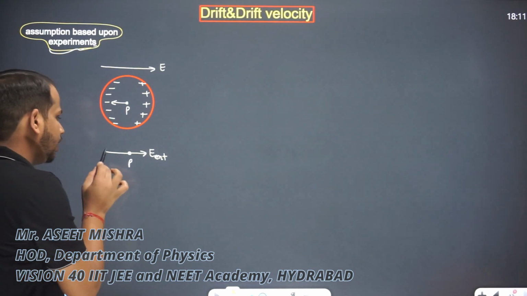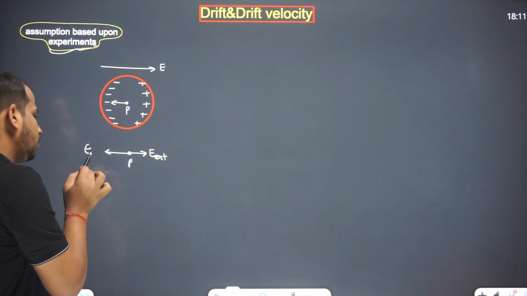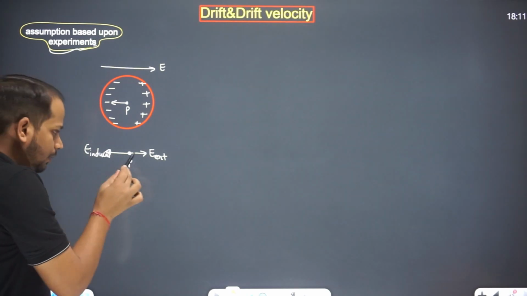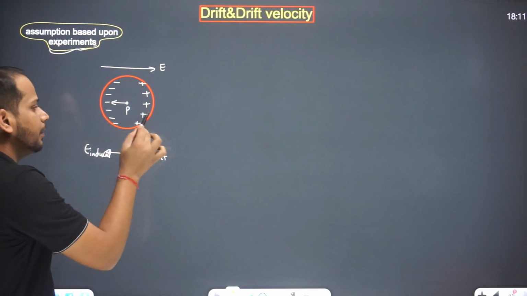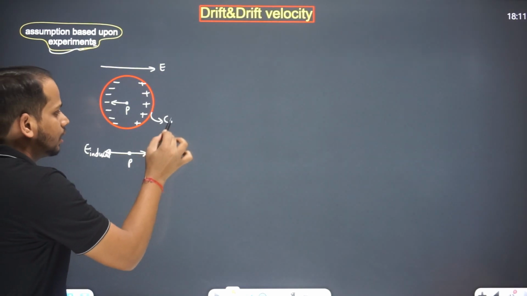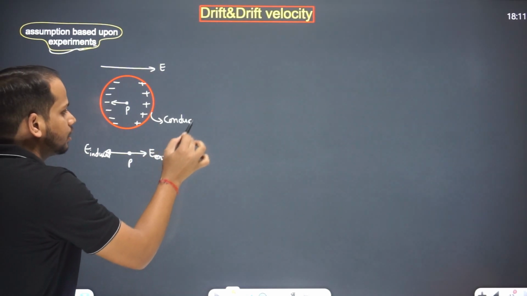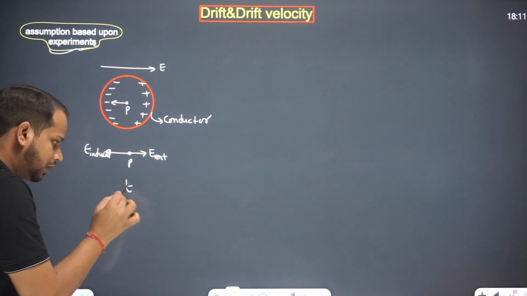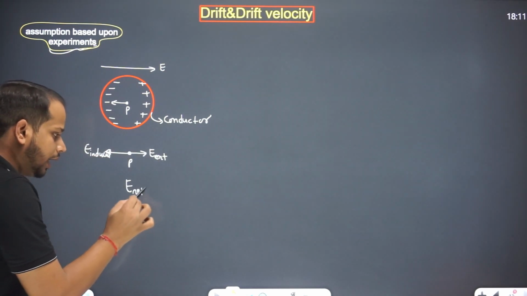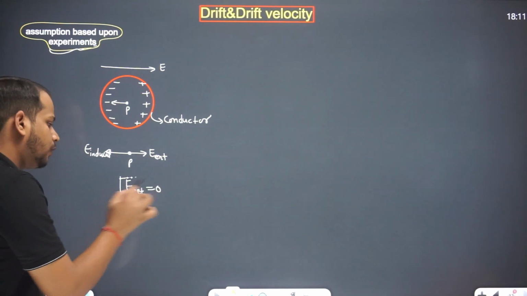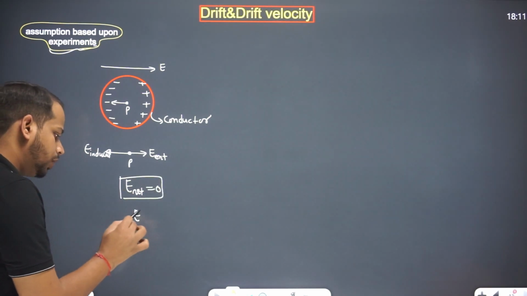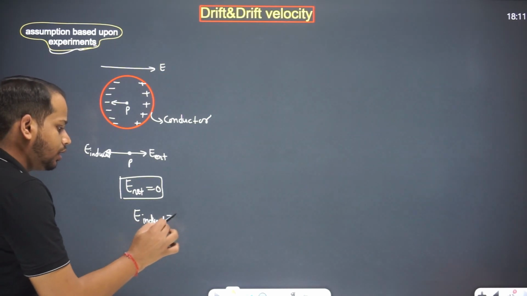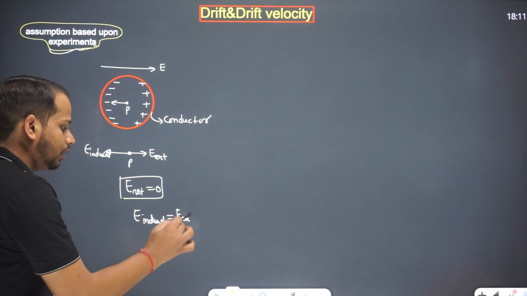So this is the induced electric field we have. When I say this is a conductor, so in the conductor, the net electric field is what? 0. Why is the net electric field 0? Because in this one, the E induced is equal to the E external.